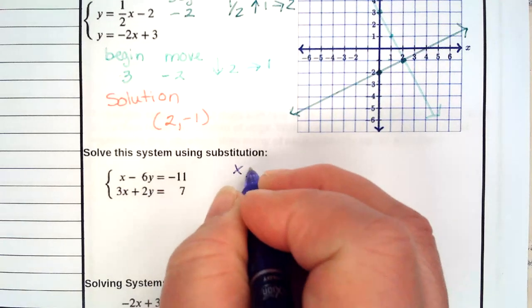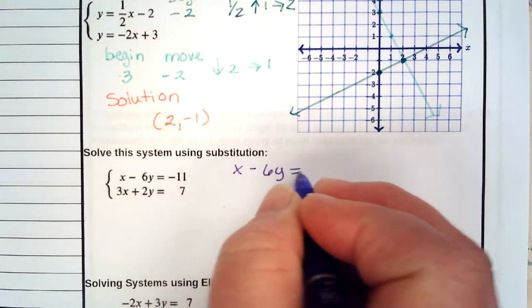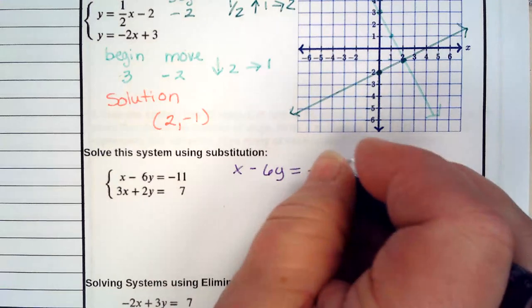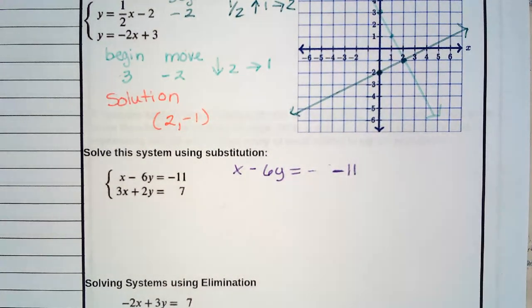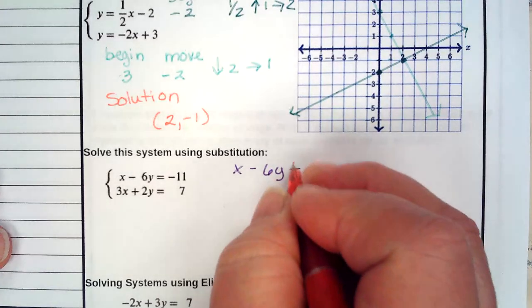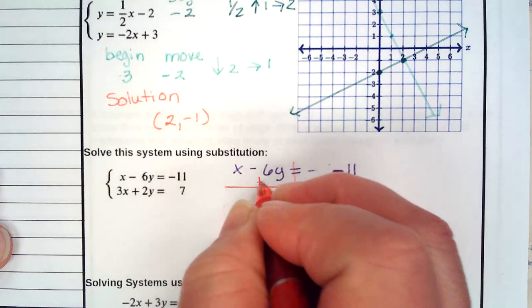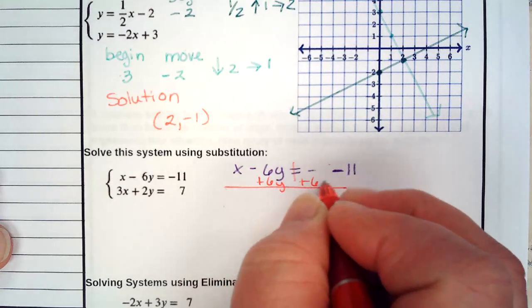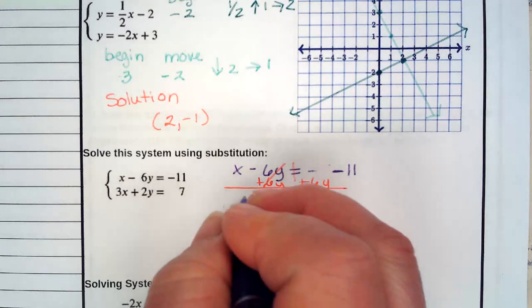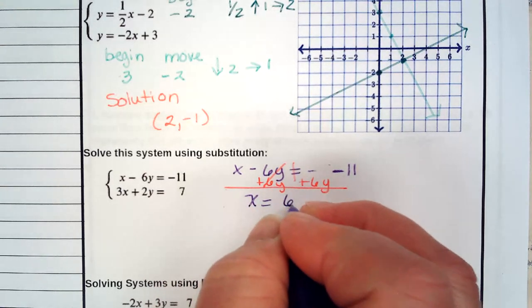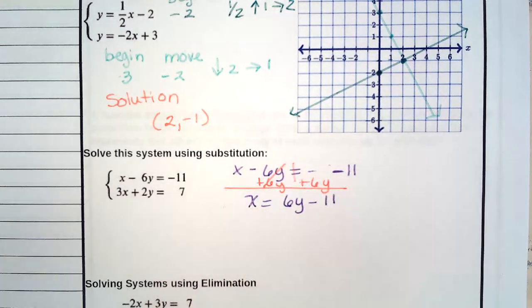So, x minus 6y is equal to -11. I'm going to add 6y to both sides. Now, x is equal to 6y minus 11. I can substitute that into the second equation and then solve for y.